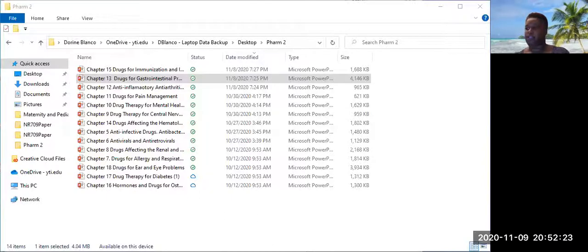The common drugs used to manage peptic ulcers and GERD are your antacids, your histamines, your PPIs, and your cytoprotective drugs. And again, for your antacids, we already looked at the action and the uses.